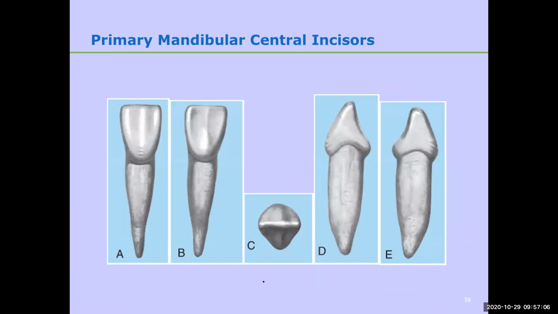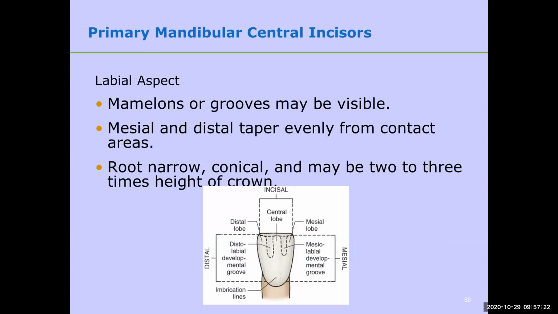Mandibular centrals. That's the first thing I look for. Primary mandibular central incisors. There might be some slight grooves that are available, or visible. Mamelons usually are not present though.